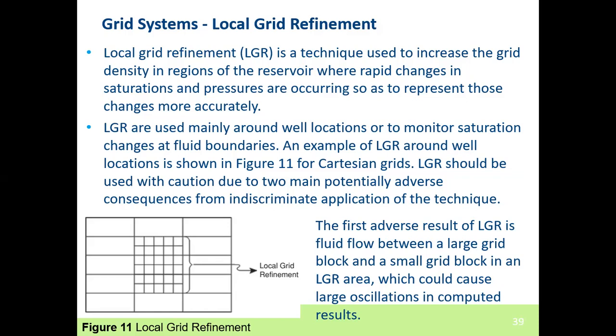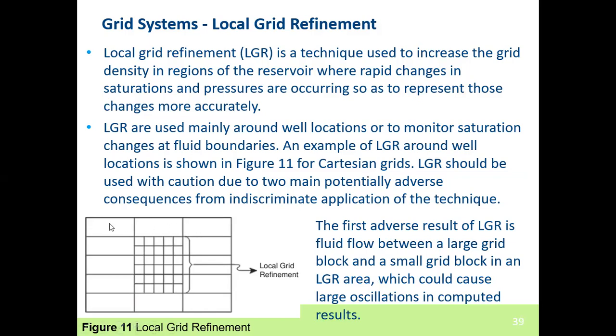At times, you could also use it around your contacts. So local grid refinement is used mainly around well locations or to monitor saturation changes at fluid boundaries. An example of local grid refinement is shown in figure 11.